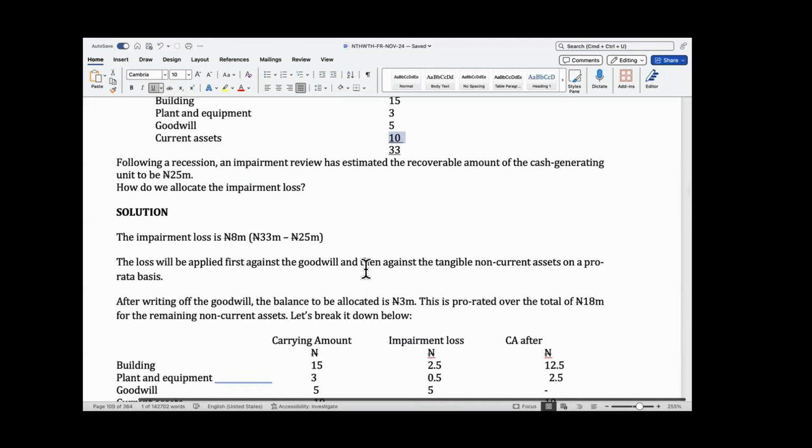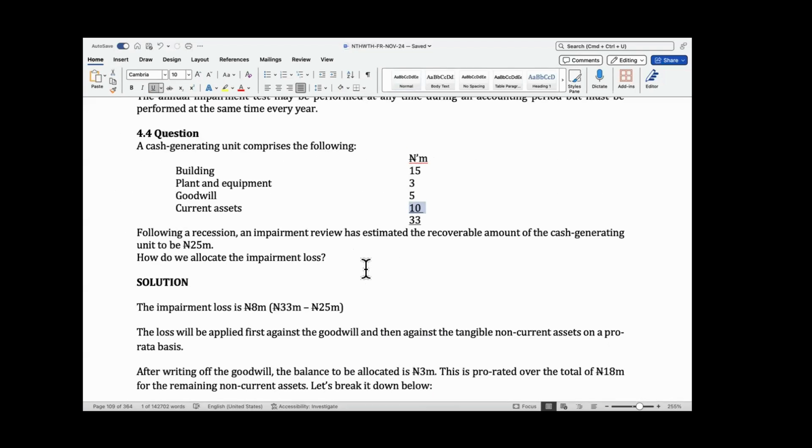We won't allocate current assets because we don't know the component of these current assets, because inventory, trade receivables, and some other current assets are dealt with under some other standards. The way their impairment loss is determined is different from how we determine it here.